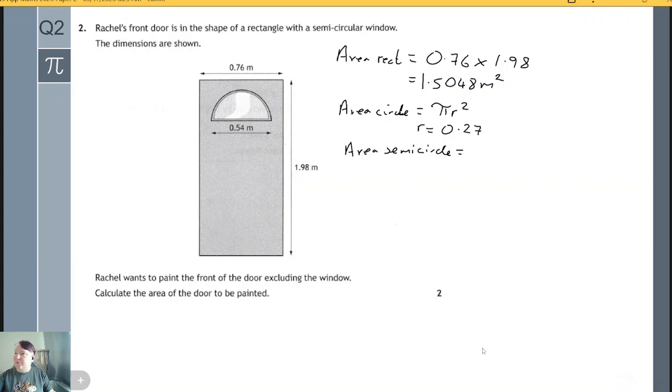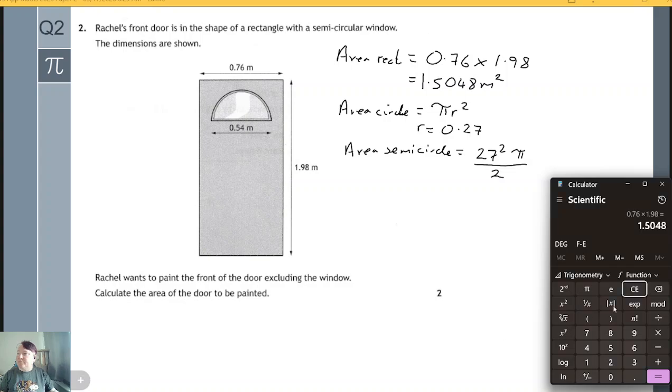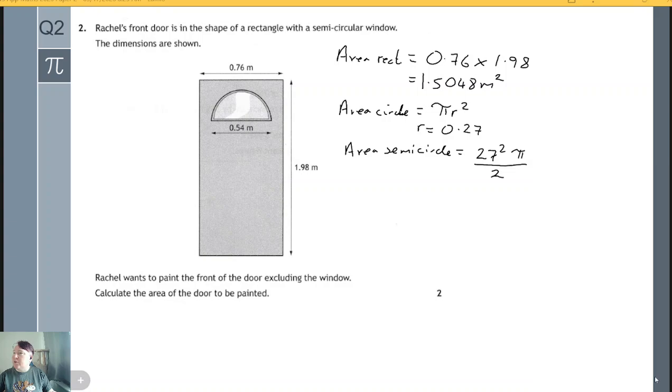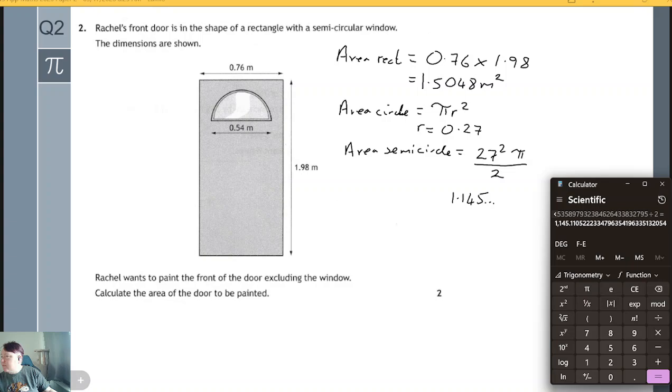So we're going to do 27 squared times pi, all divided by 2. And we get 1.145 and a bit.